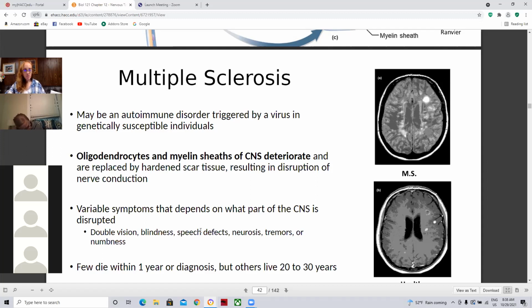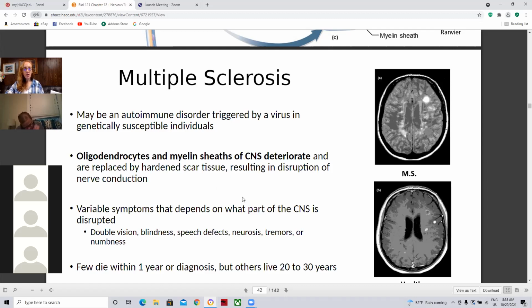The oligodendrocytes, the microglial cells, they're part of the immune system. Now my head is kind of foggy all of a sudden. Microglia, oligodendrocytes, astrocytes, and what else? Ependymal cells. So astrocytes are the ones who are putting down the scar tissue here.